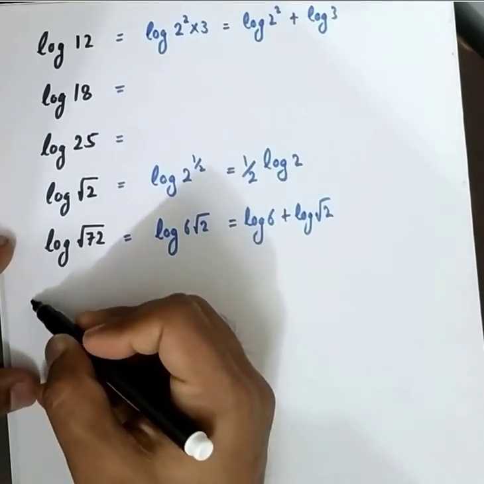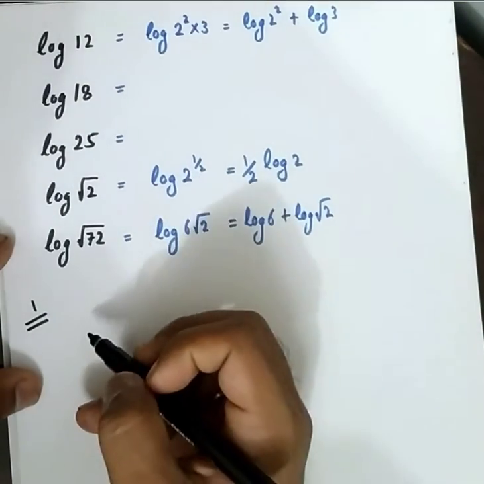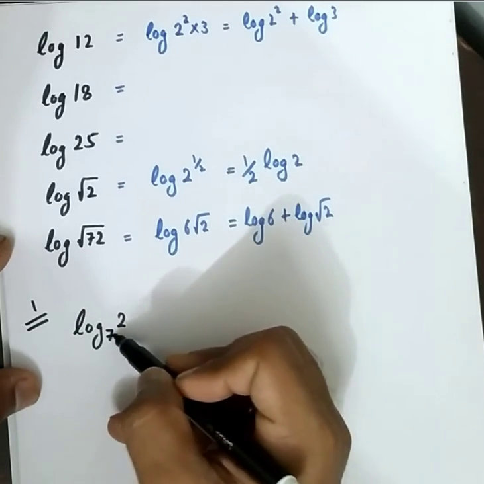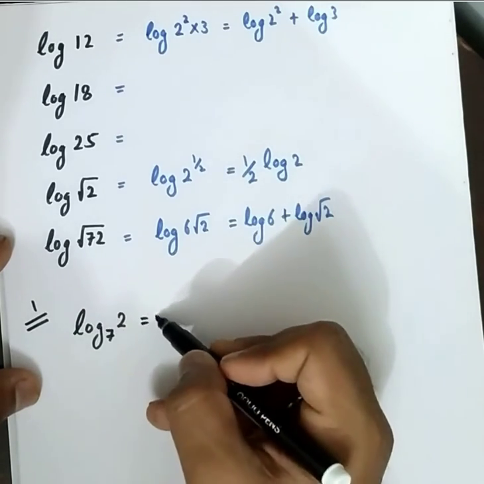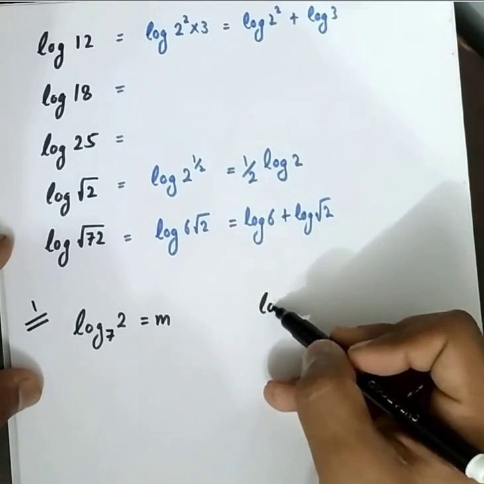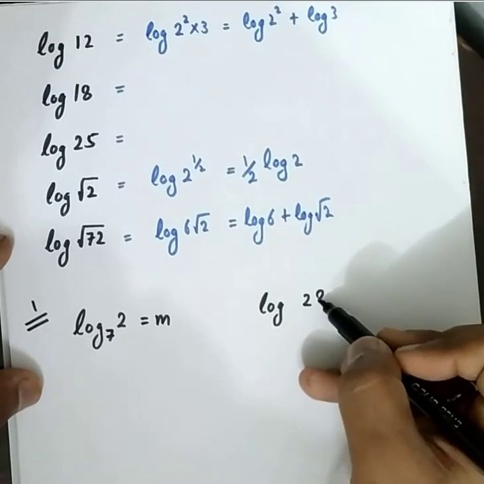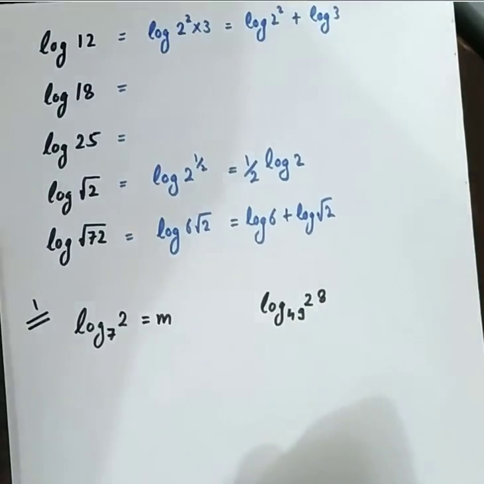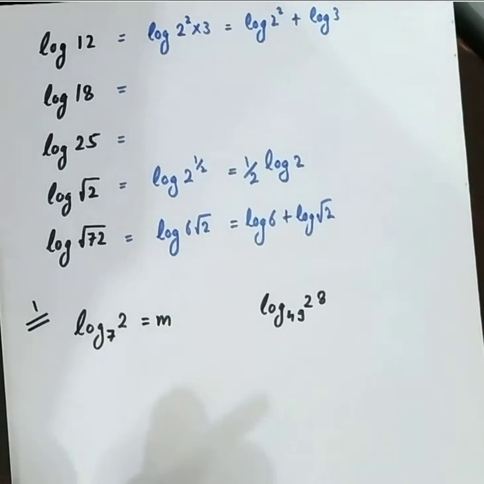So guys, the first question we're going to deal with today is: log 2 base 7 is equal to m, and we need to find out log 28 base 49. I want you to try it, and if you get it, fine, otherwise I'll help you out. Till then I'll give you the options.